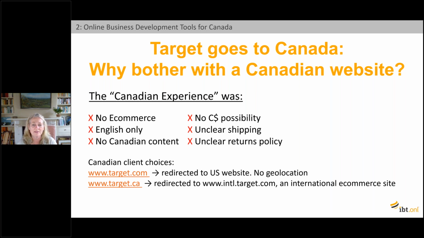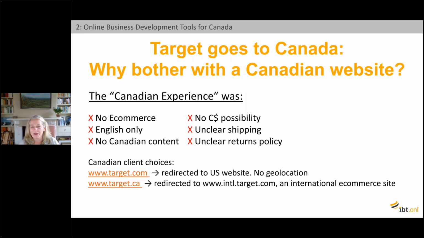And then at the very end, their price would sometimes be doubled, and it would have to be paid in US dollars. Again, it ended up being a very hefty write-down for Target. They did not localize. There was no geolocation either. So in the end, you got redirected to either internationaltarget.com or a US website in both cases. Again, it was not a good experience for Canadians.